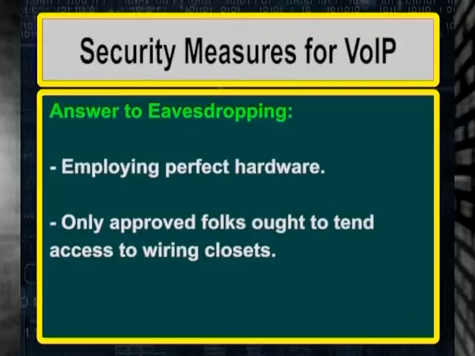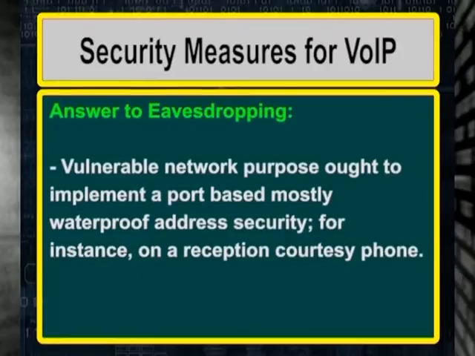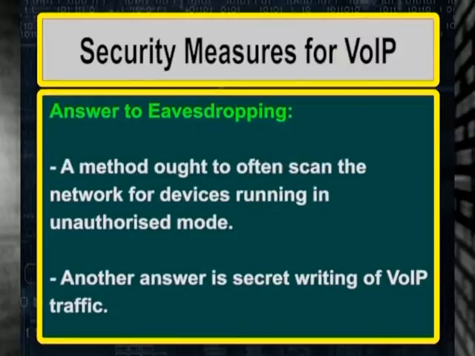Only approved people ought to be given access to wiring closets. Vulnerable network points ought to implement port-based MAC address security, for instance on a reception courtesy phone. A method ought to often scan the network for devices running in unauthorized mode. Another answer is encryption of VoIP traffic.